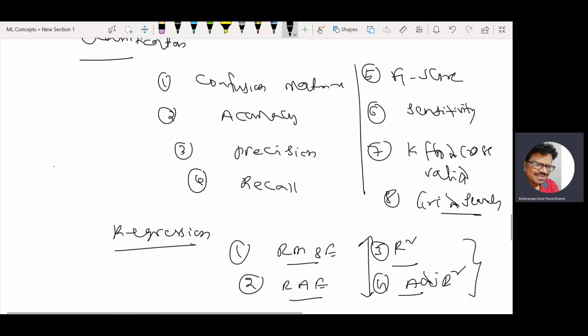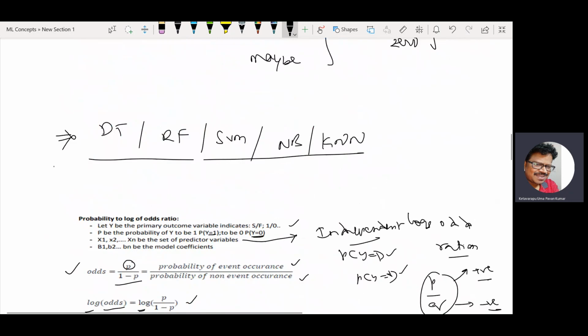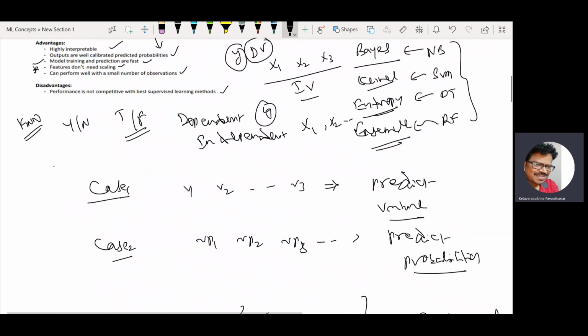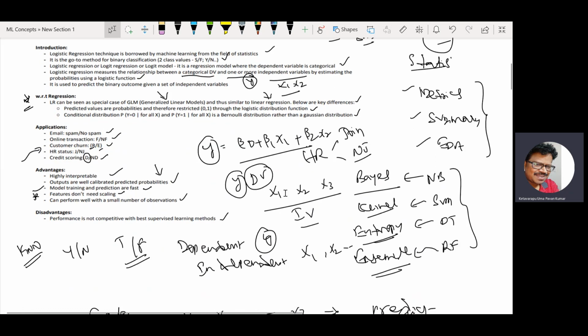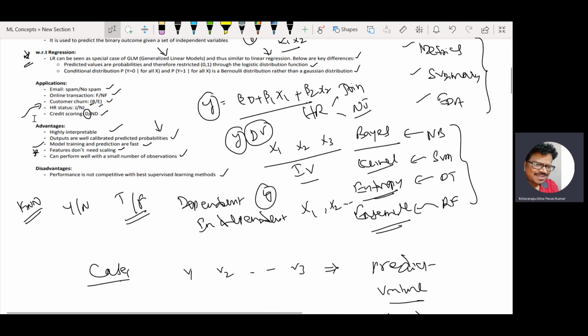Just let me give you a key takeaway. Initially, we started with the discussion of what exactly logistic regression is. There is a logit function, and it is trying to establish a relationship between categorical data and one or more independent variables. We have seen some of the applications.